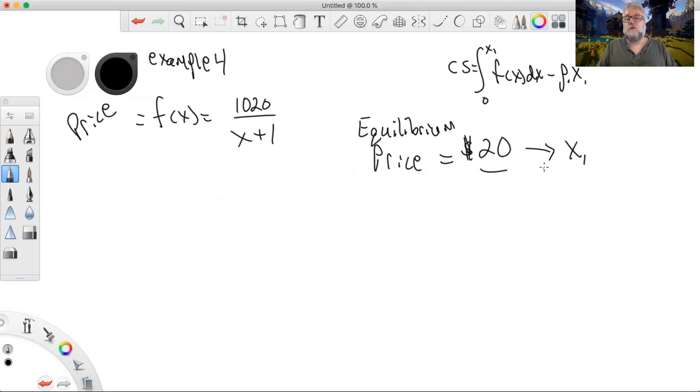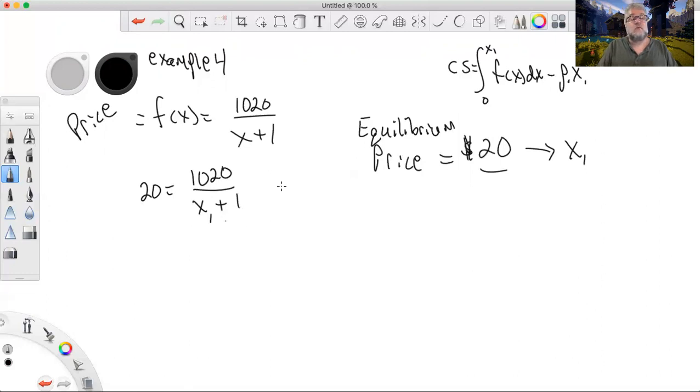So what I'm going to do, and this is what we'll always do, is we'll take this price and stick it in for f of x. So $20 equals 1020 over the number of units we can sell at that point. This is the equilibrium price, so this is the equilibrium units, because those are always linked together.